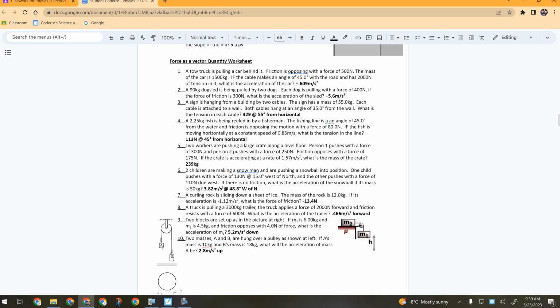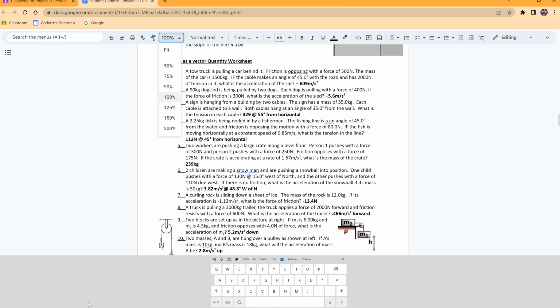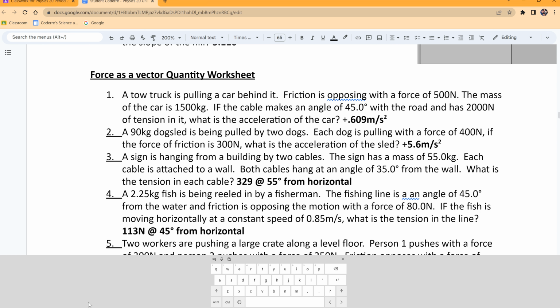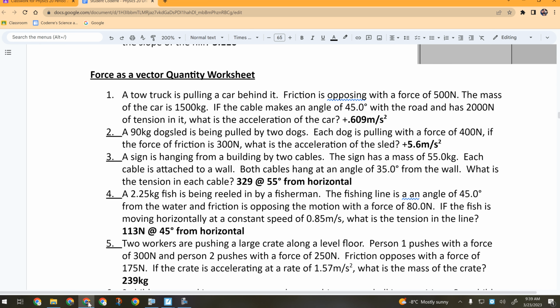So I would like you guys to try, let's say, 3 and 4 for right now, and then we might try a third one if we have time. Okay, 3 and 4 for right now, I'll make it bigger. We did a whole bunch like number 3 yesterday, those static condition examples.